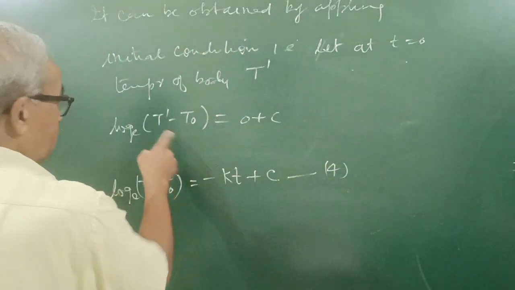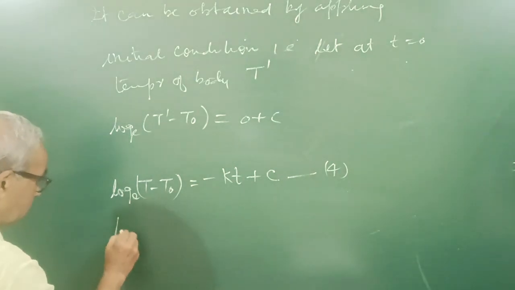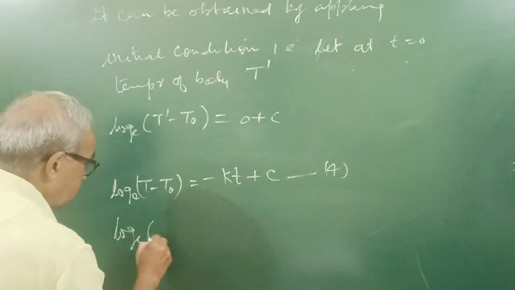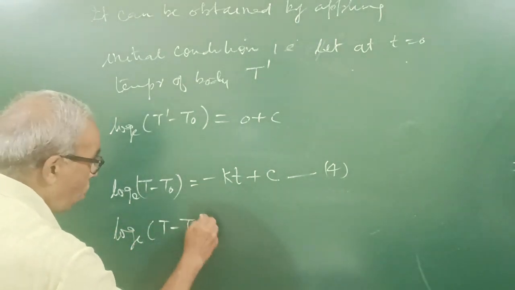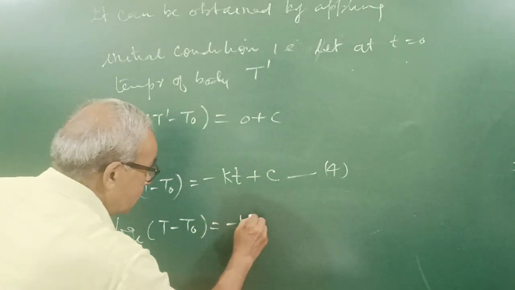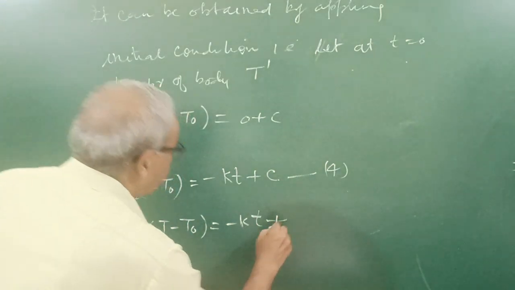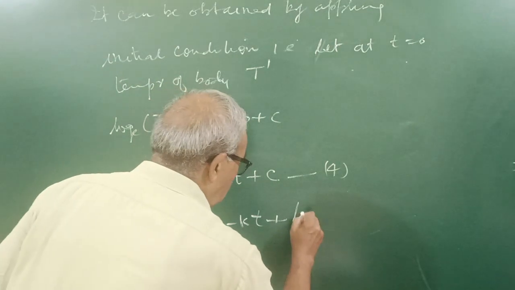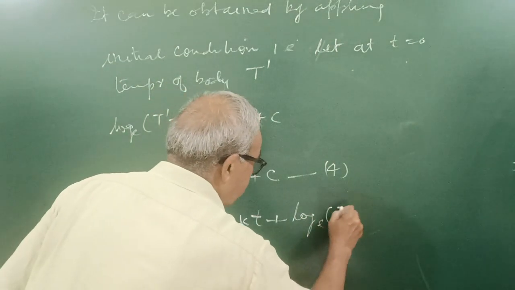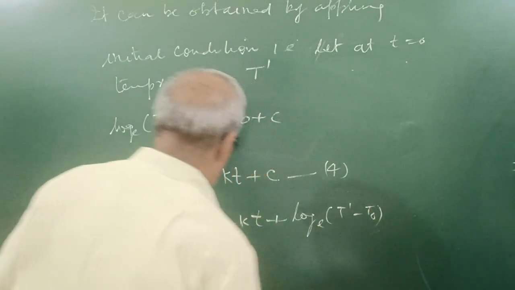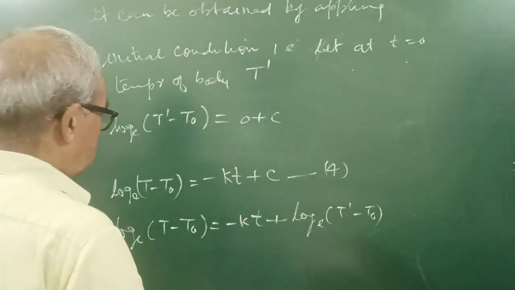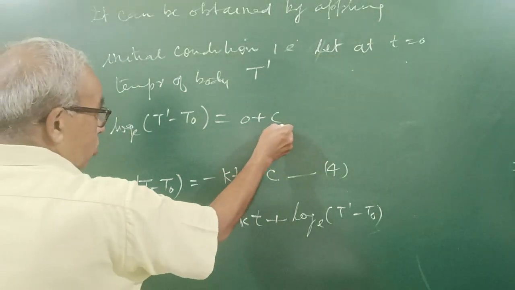Putting this value of C here, we get log base e of T minus T0 is equal to minus kt plus log base e of T dash minus T0.